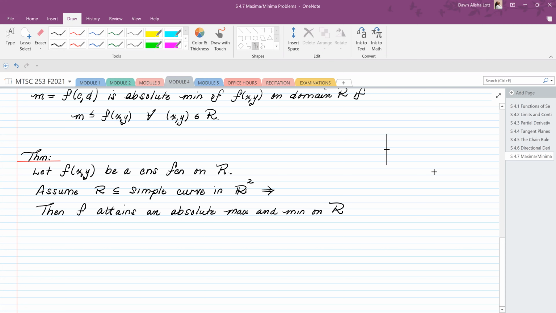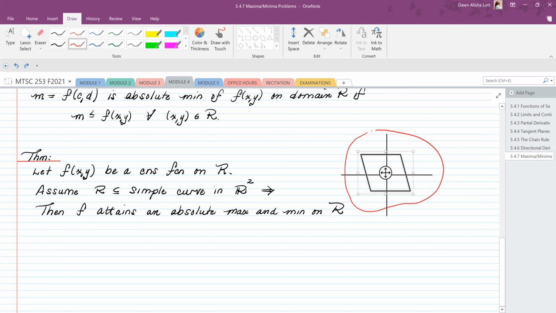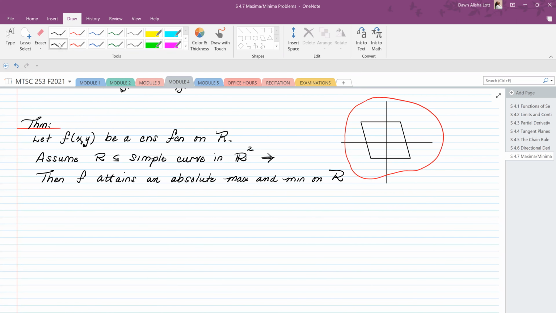Here's the base, and R may look like this. This is my region, that everything's floating over top of. Well, I can get that inside a simple closed curve. It's not supposed to cross over. The whole region is enclosed in this curve. So therefore, the function has to contain a max and a min on there.